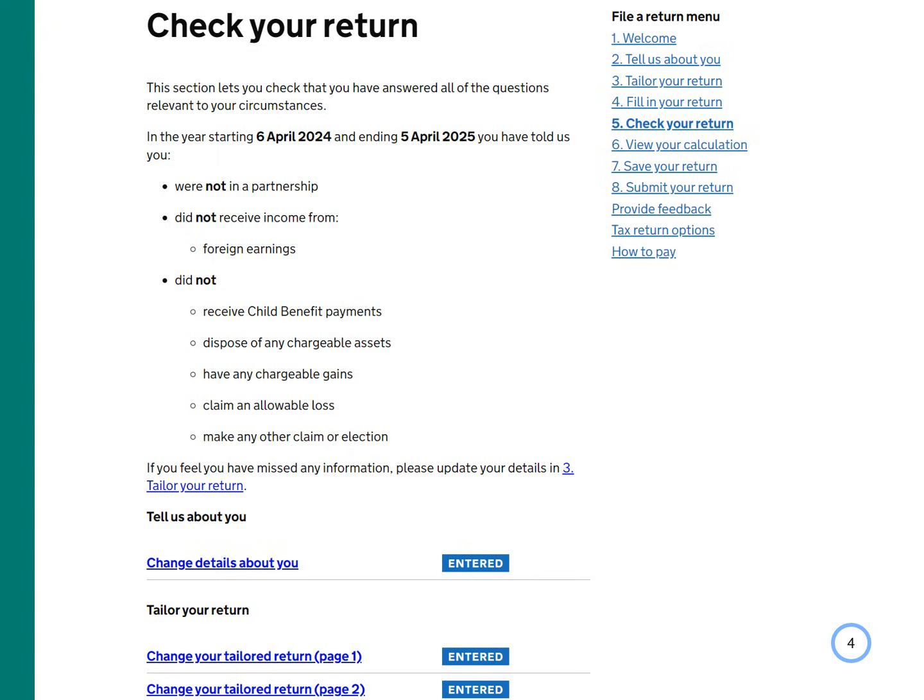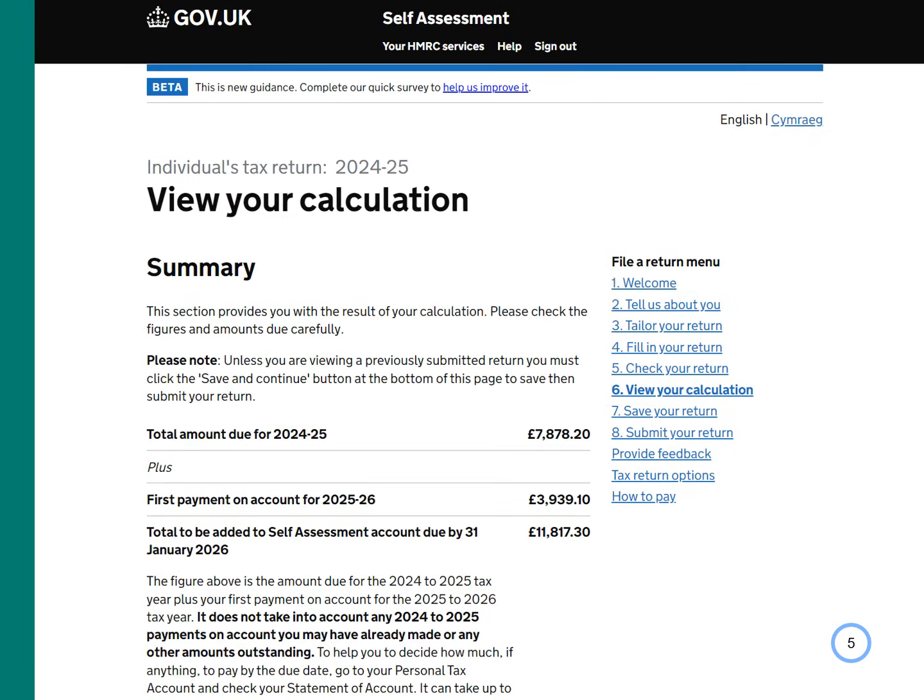Check you've entered everything that's relevant to your circumstances. If you've missed anything, you can go back to Tailor Your Return to add the section you need. Once everything has been included, select Next at the bottom of the page. This takes you to your calculation summary, which we'll see more of shortly.